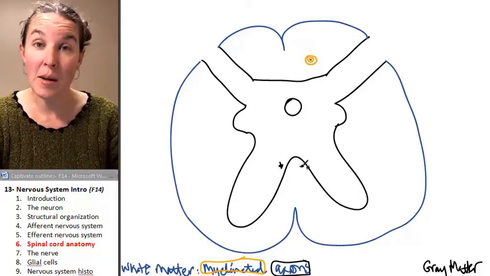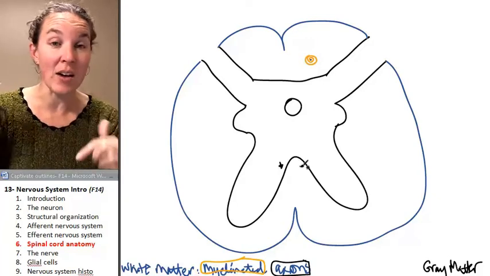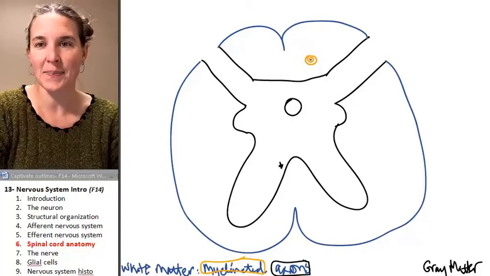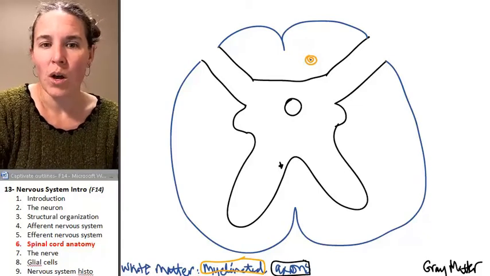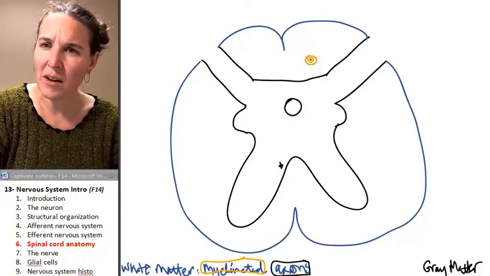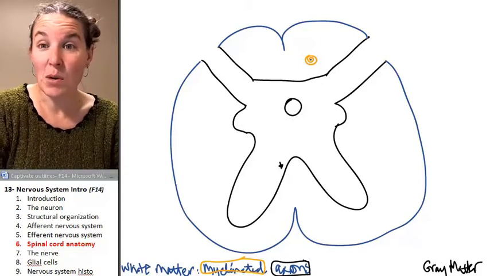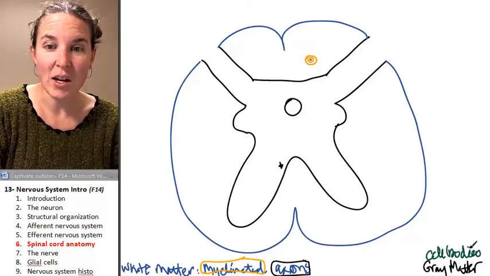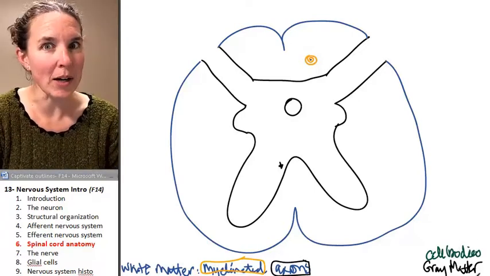It's either going up to the brain or it's coming back down to go deliver messages. These are interneurons. Now, gray matter. What is gray matter? It's mostly cell bodies. And I'm going to show you in a second whose cell bodies we're talking about.